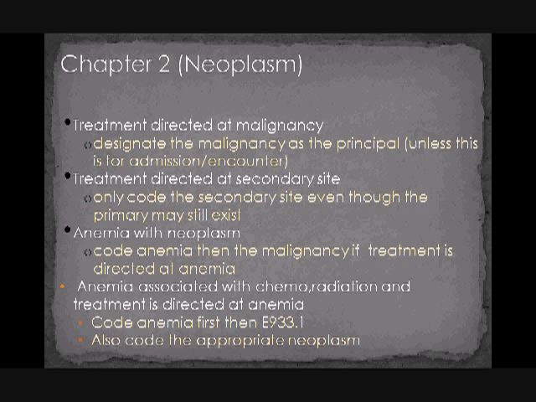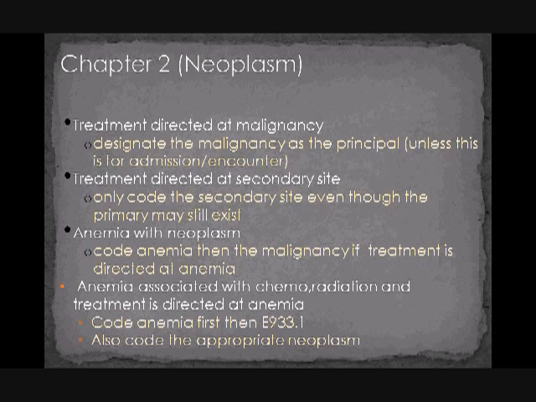Now, there are some things you have to be aware of when you deal with cancer, in terms of sequencing. Let's say the person comes in to be treated for the cancer. You will designate the cancer as the principal.